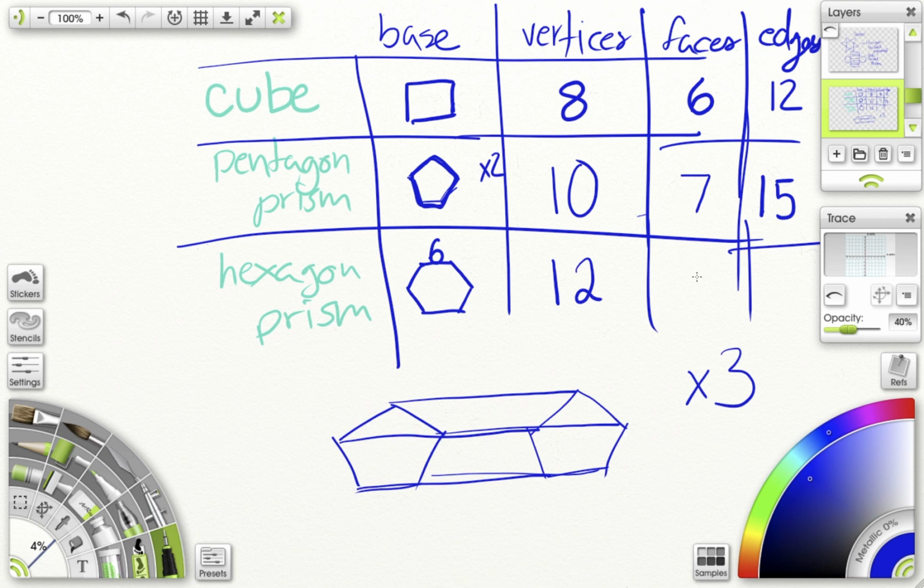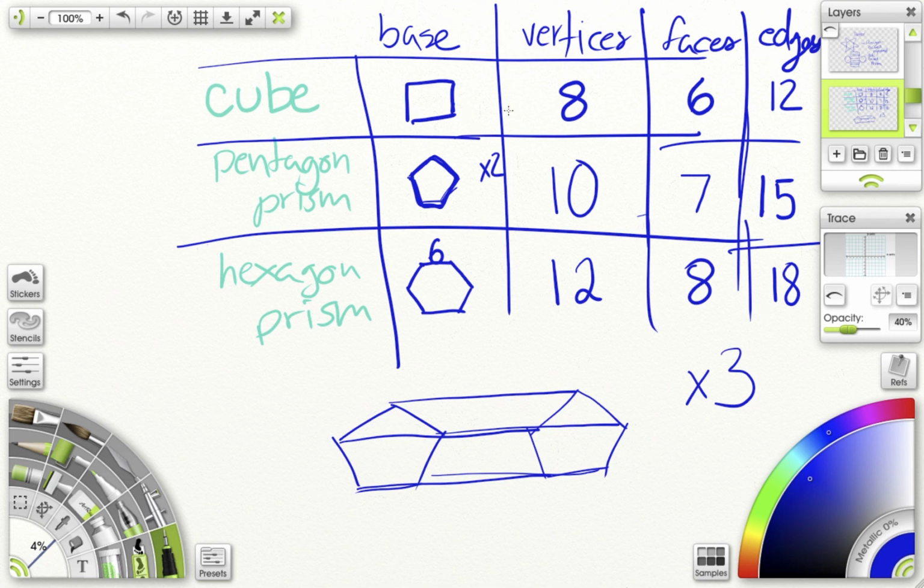Number of sides plus 2 equals 8. What about edges? How many edges are there? We have to take the number of sides and times it by 3. So 6 times 3 is equal to 18. And I can tell you right now, if you had a 3D hexagon-based prism in front of you and you counted all the vertices and edges and faces yourself, it would be the same numbers.